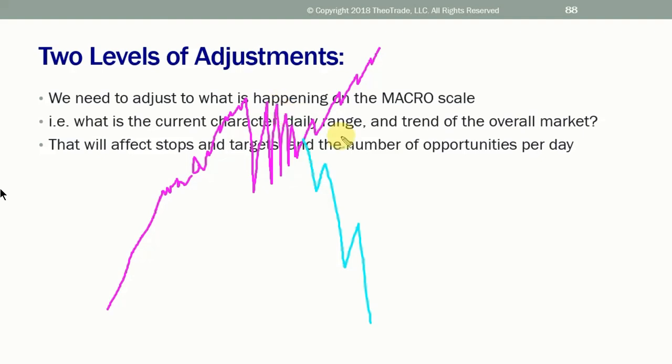Now there's a fourth one, which is quiet and sideways, which we hardly ever see. If you want to see something like that, go back to the summer of 2015 for a couple of months, right before it released to the downside. But generally, 80% of the time we'll see quiet and trending. Then sideways and volatile will appear at some point, just when everyone least expects it.